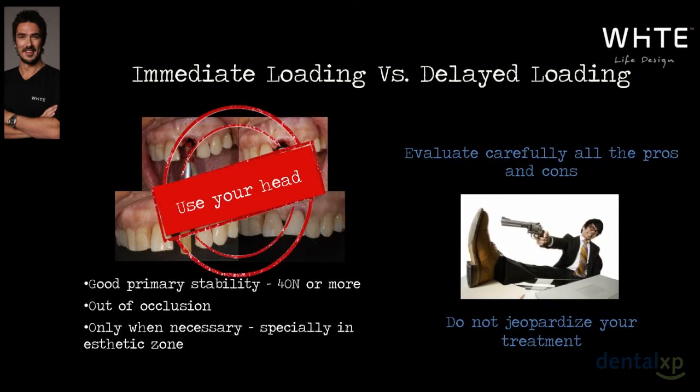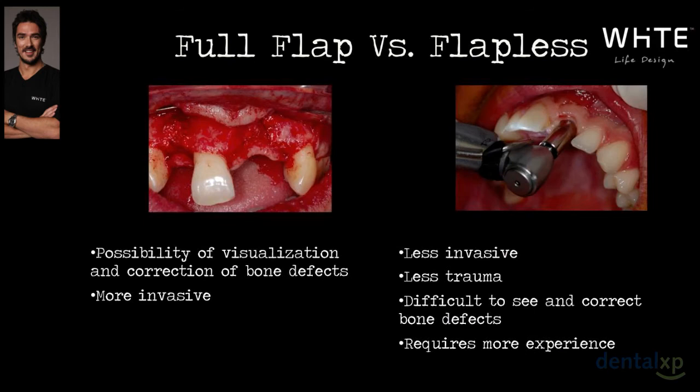All right, so there's a lot of things that have to go into consideration. Now, the type of incision: full flap versus flapless. I like both. I use both. There's no one that is better than the other. If you raise a full flap, you can see everything, all the defects, and you can graft. It is, however, more invasive, with more swelling afterwards.